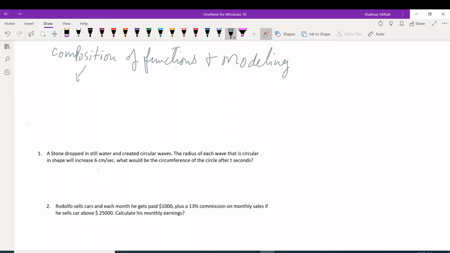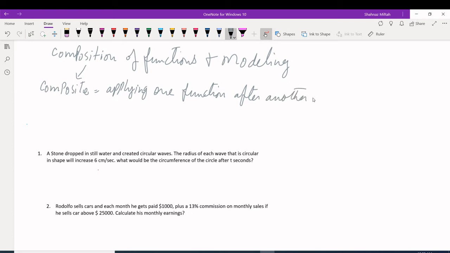What does composition mean? Composition means composite, like applying one function after another.